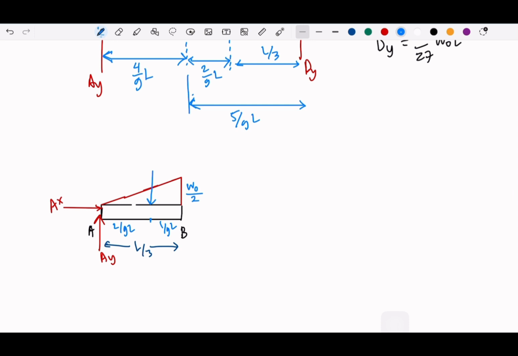So this resultant will be 2 over 9 L multiplied with half W0 over 2. Okay, we can continue this tomorrow, okay?